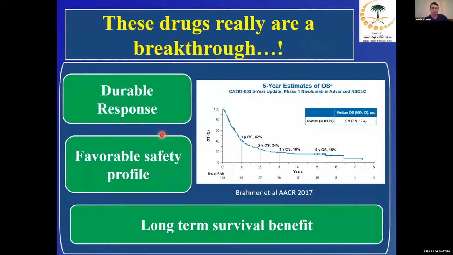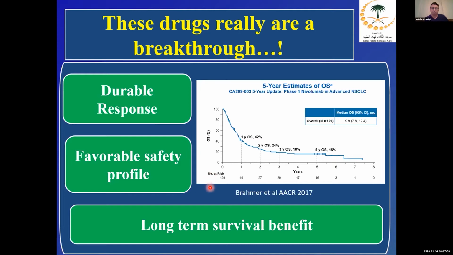But what's really important to keep in mind, and what makes these options a breakthrough treatment in advanced lung cancer and probably in other tumors, is that the response achieved is more durable. We also noticed the safety profile: these drugs are quite safe, and the toxicity is nothing comparable with chemotherapy, which was the standard treatment before immunotherapy.